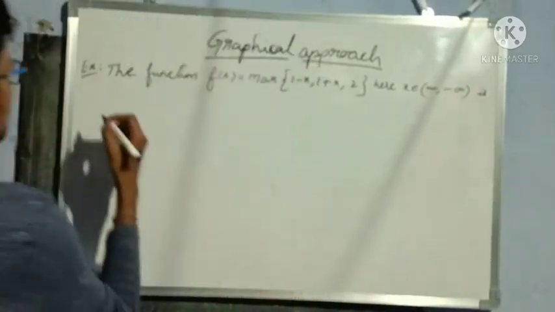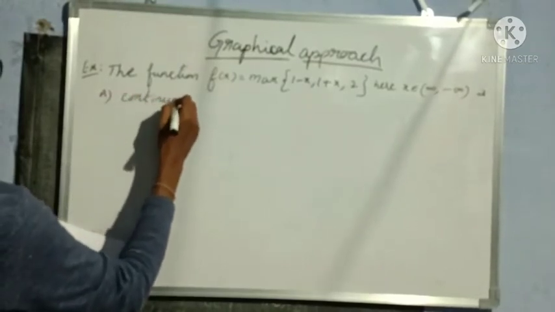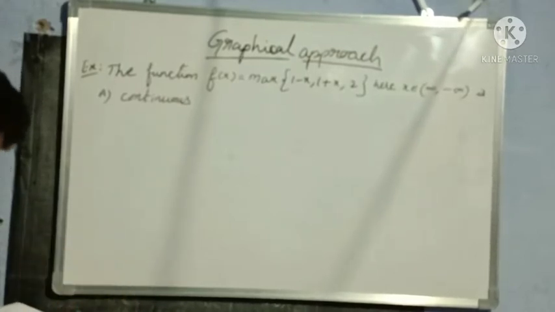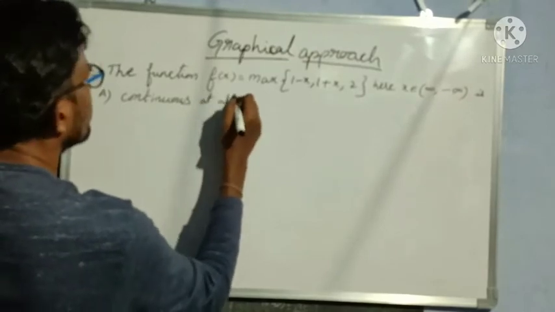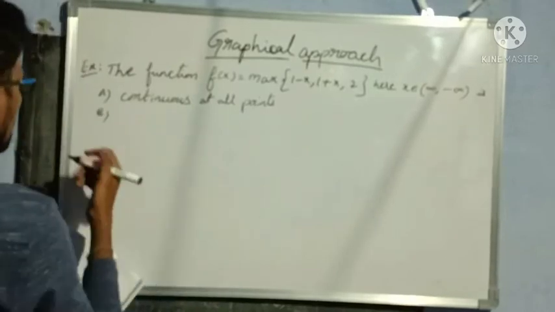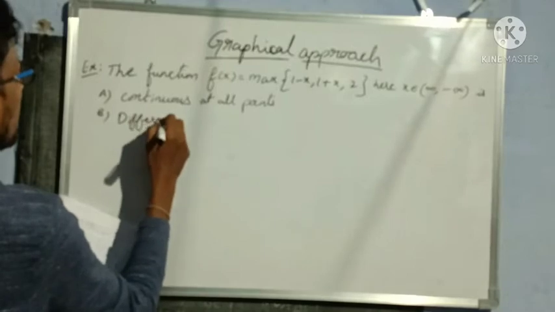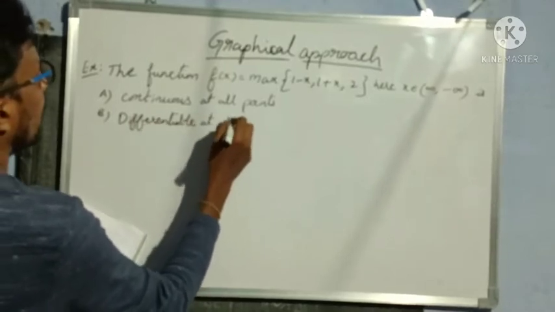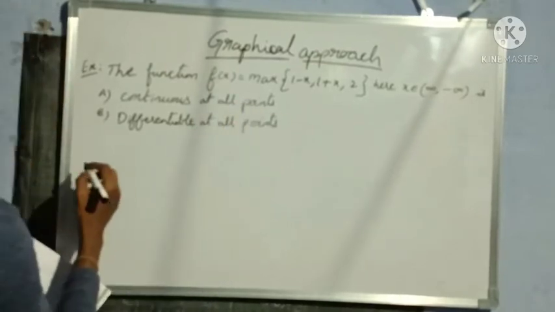Is, here some options are given. First option, continuous at all points. Second option B, differentiable at all points.